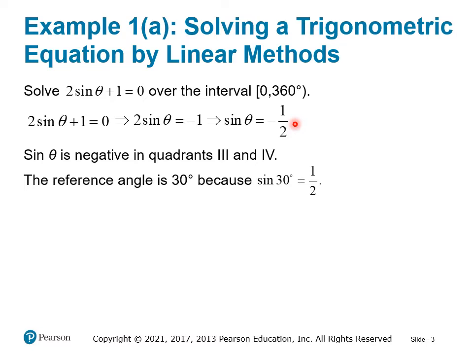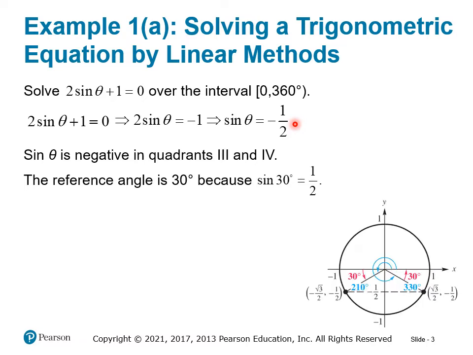So we're looking for the reference angles in quadrant 3 and in quadrant 4. If the reference angle is 30 degrees in quadrant 3, the full angle is 180 plus 30, or 210. And in quadrant 4, the reference angle of 30 degrees gives 360 minus the 30, or 330 degrees. And so this is our solution set for this problem.